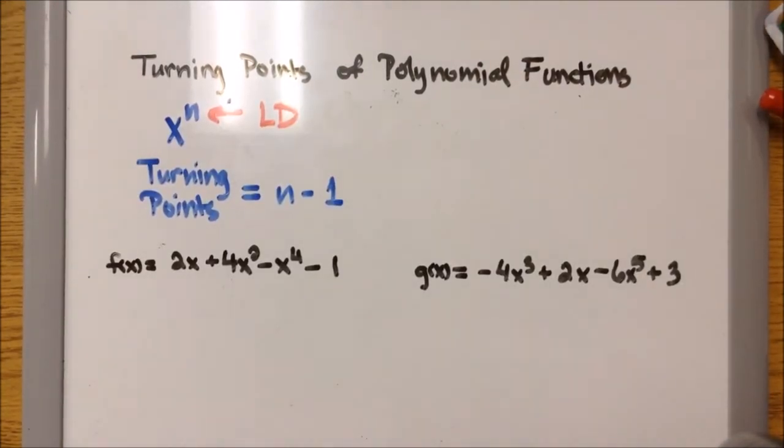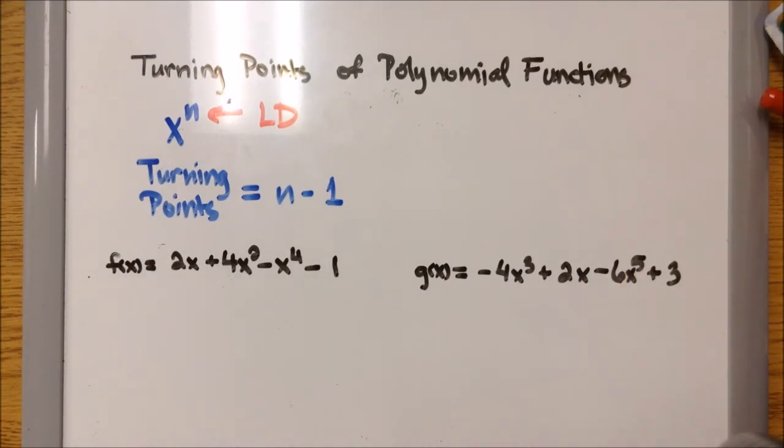Alright, let's go over some examples with turning points. So we have two examples. F of x equals 2x plus 4x squared minus x to the fourth minus 1. And then g of x equals negative 4x to the third plus 2x minus 6x to the fifth plus 3.